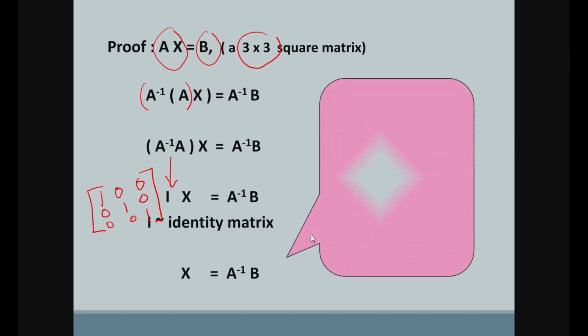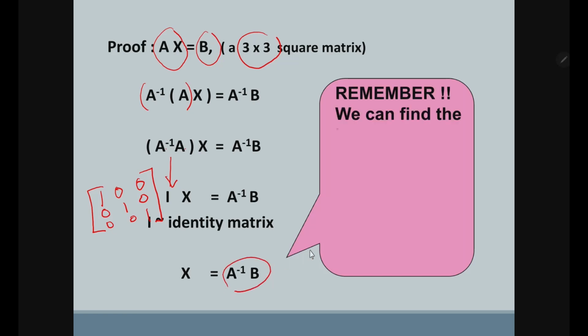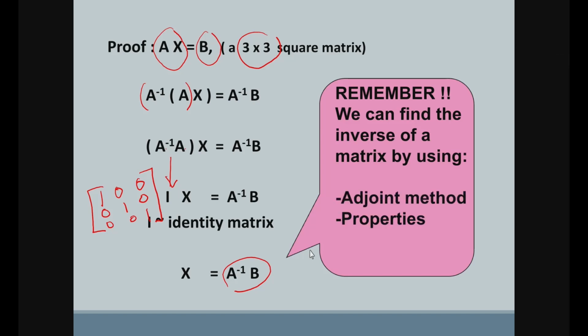So x is equal to A inverse times b. Remember that we can find the inverse of a matrix by using the adjoint method or the properties and elementary row operations. You have learned this for the topic of matrices.